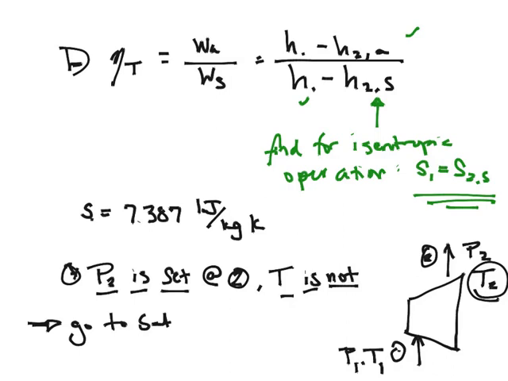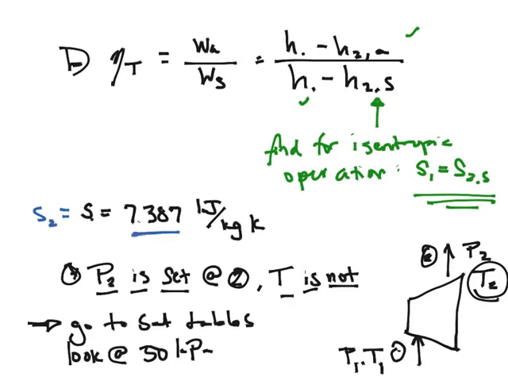So the first thing we're going to do now is go to our saturated tables and look at 50 kPa. What we're going to try to find is whether S1 here, which remember equals S2, is between the saturated liquid and vapor values at 50 kPa. So let's look at those values and write them down.